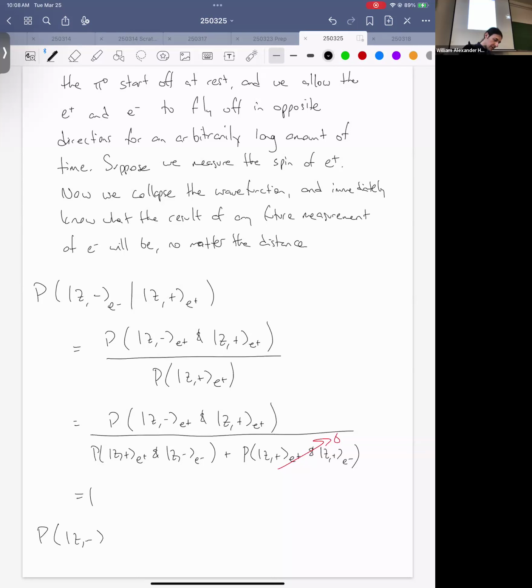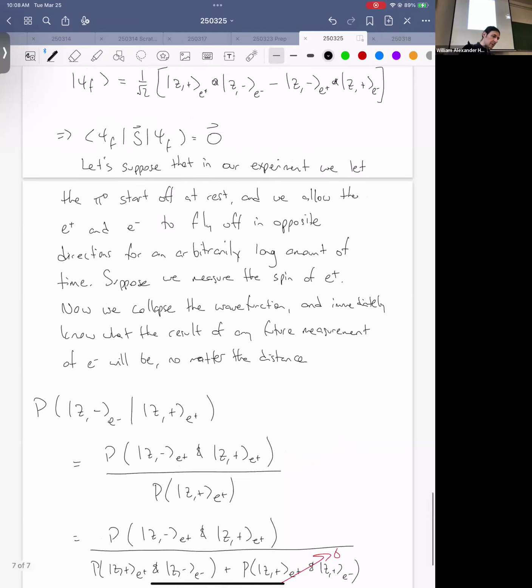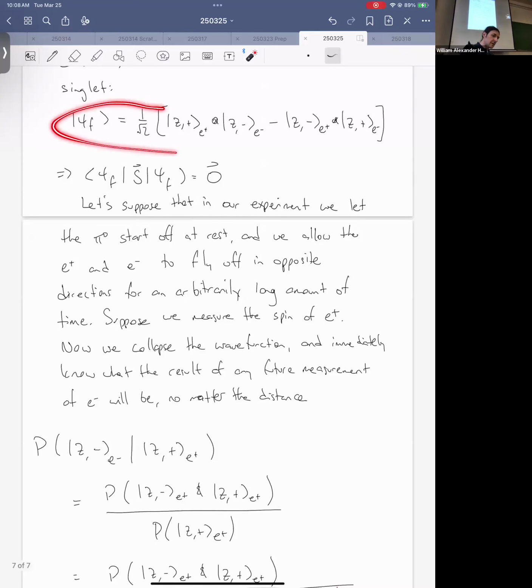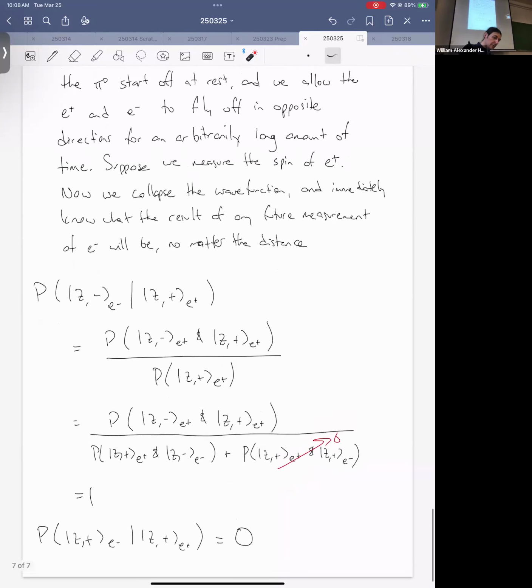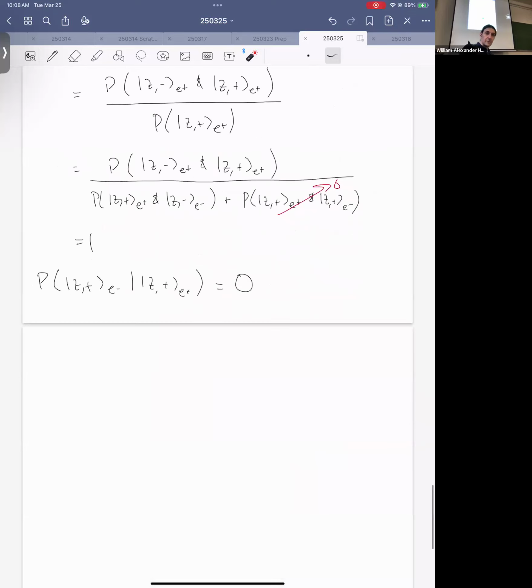The probability of E minus being positive given that E plus is plus is similarly 0. Just slightly formalizing what we talked about. And if you want, you could go in with this particular state and write down these probabilities as amplitude modulus squared. Good.